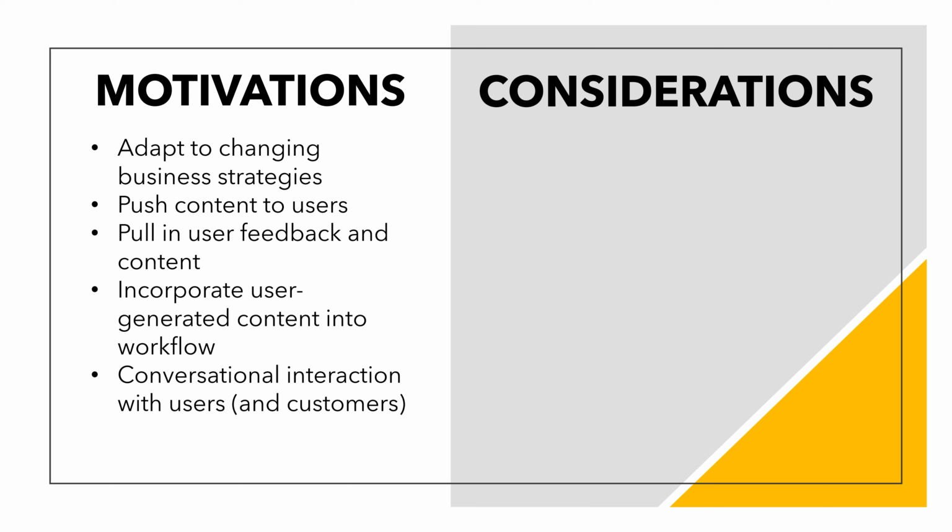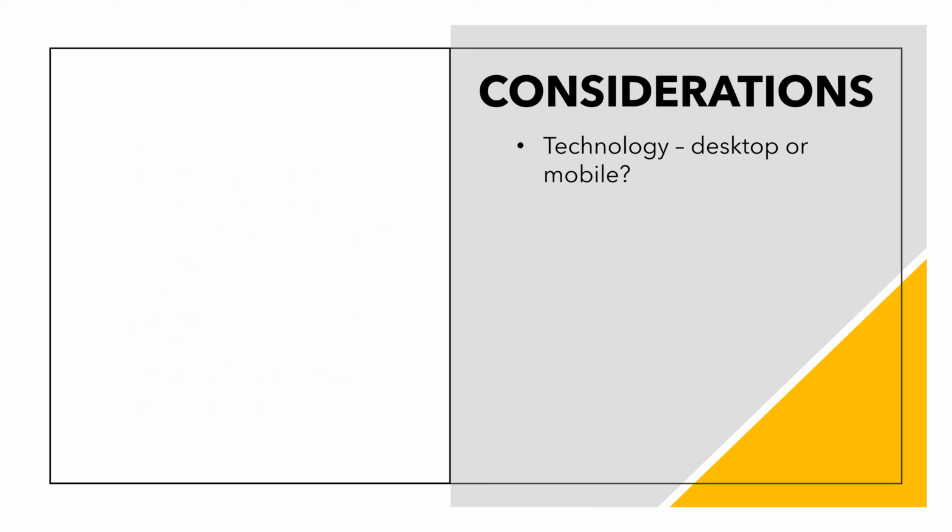There are certainly considerations to think about when applying social media to your professional development strategy. While most applications and services feature a standard website and a mobile app, the technology you use, desktop or mobile, will play an important role in how you manage your strategies.